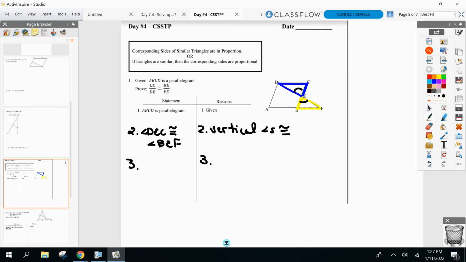AF is parallel to DC because BF is an extension of AB. Are DC and AD parallel? So you just say that, okay. That's the better idea.